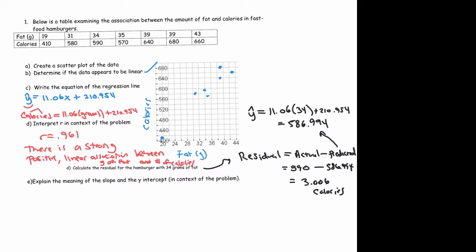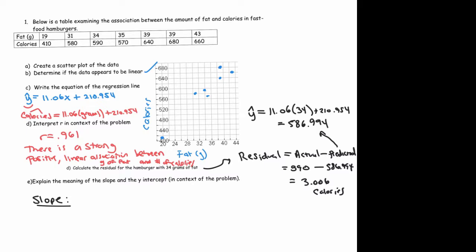Okay, and the last thing we're going to do here is explain the meaning of the slope and the y-intercept. So the slope, if you go up and look at the slope there, it is 11.06. Now the units on that are number of calories per gram of fat.